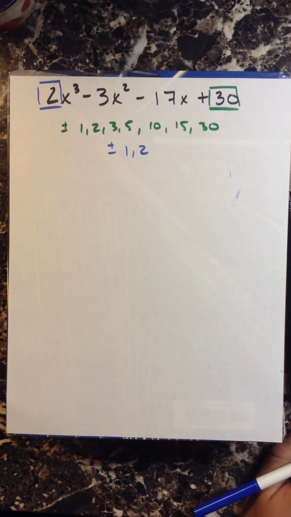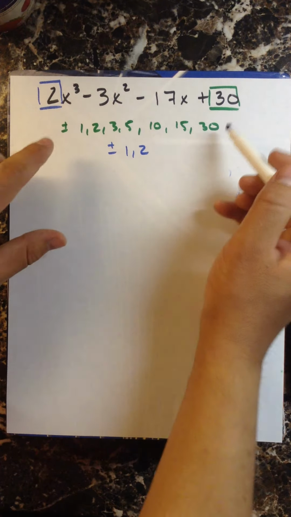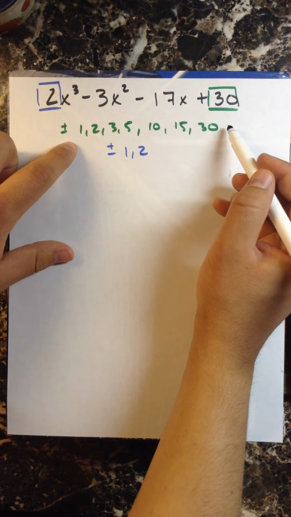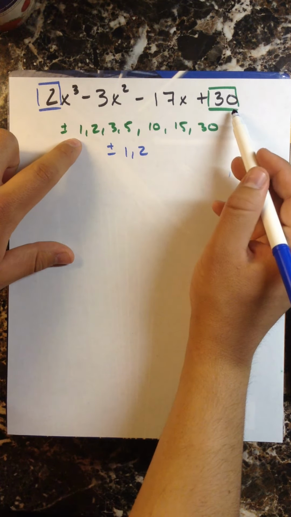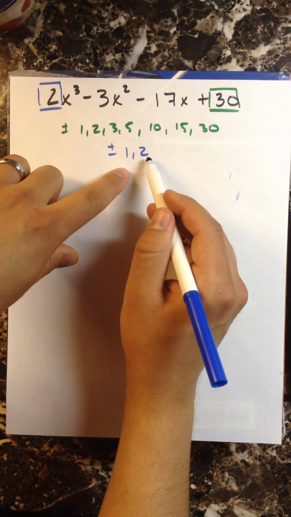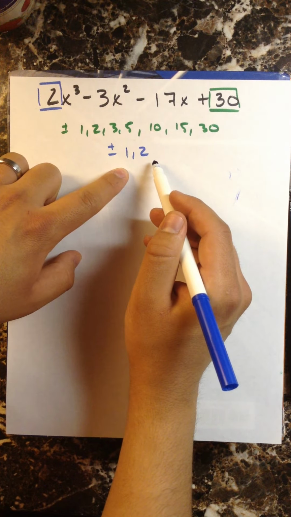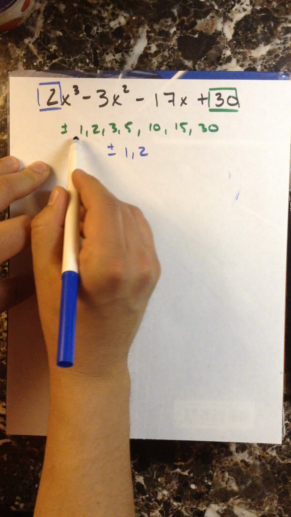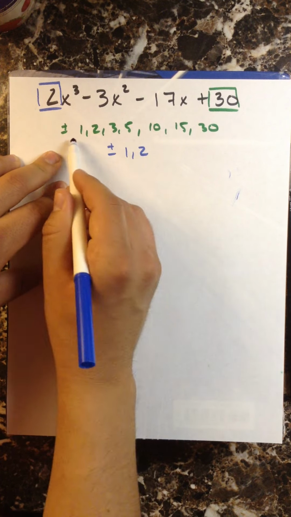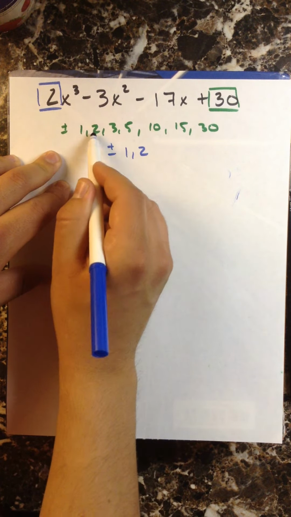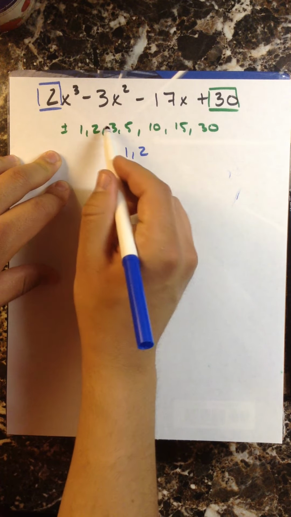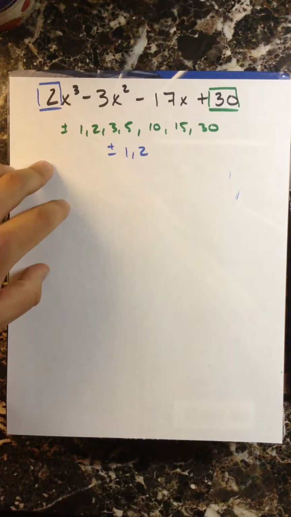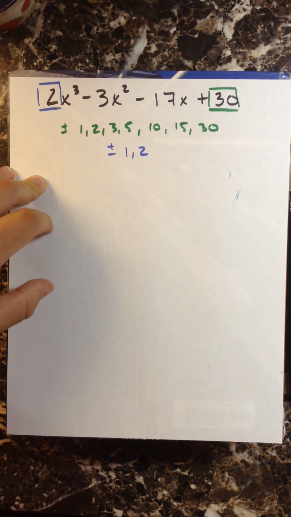We have to pair all of our factors of our constant with all the factors of our leading coefficient through division. And by that I mean we have to do 1 divided by 1, 1 divided by 2, then go to 2, 2 divided by 1, 2 divided by 2, then go to 3, 3 divided by 1, 3 divided by 2. So we're going to get a much longer list of factors.